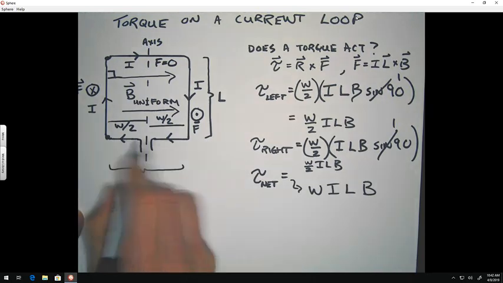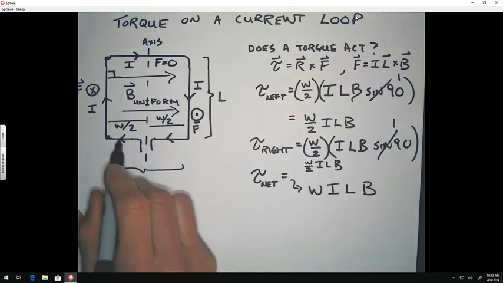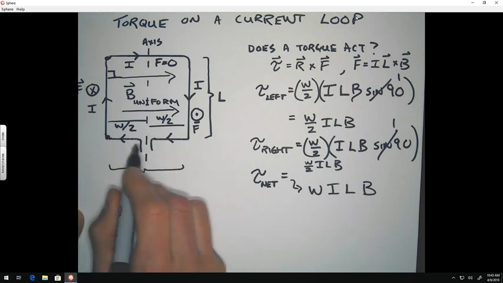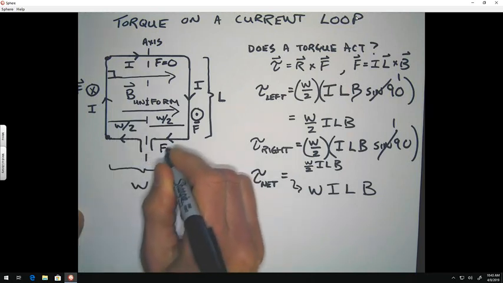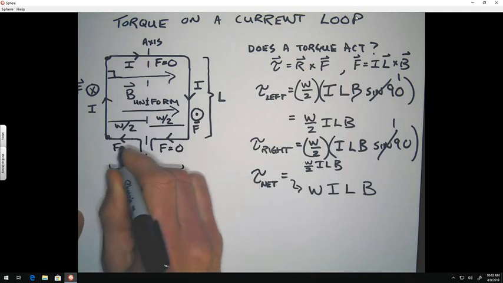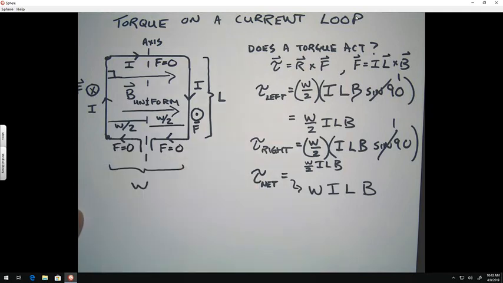Also, down here, the current is still in the same general direction as the uniform field. In other words, it's left to right. So down here, you would also have F equals 0 on both those segments. So when we're writing this formula for the net torque, we don't have to worry about the top and the bottom segments because they don't contribute anything.